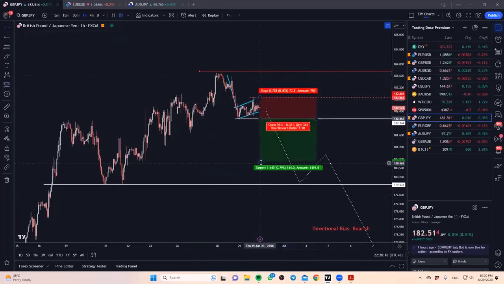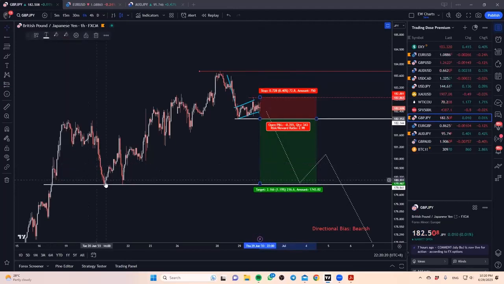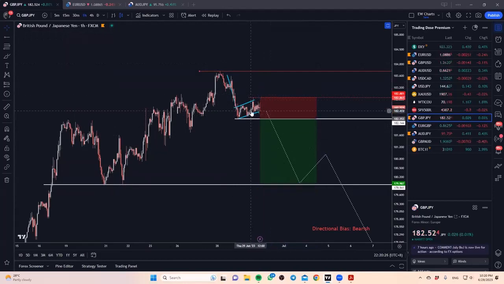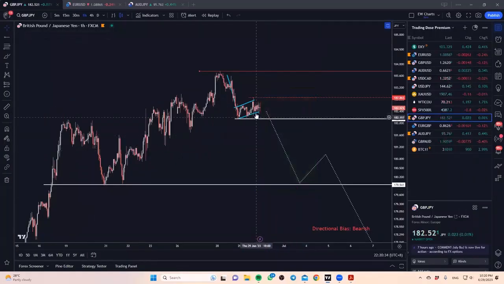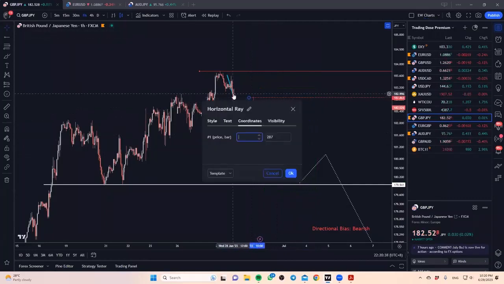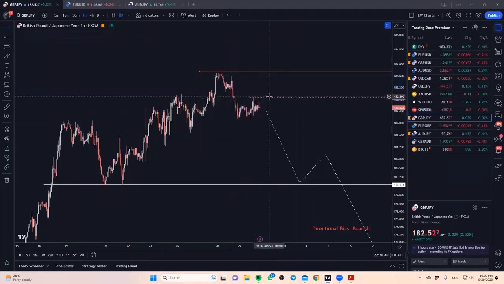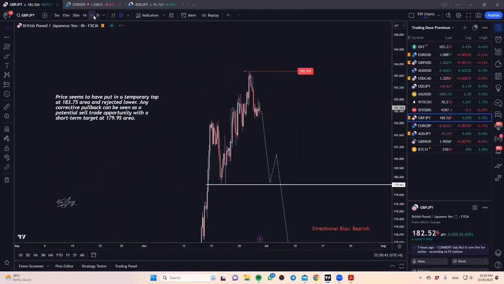Your target, we basically just use the recent low or significant high, and then that's how we execute. This technique that I'm showing you now is what we call the 3-wave breakout setup. Again, these are all covered in detail, like what the stats are, what the conditions are, etc.